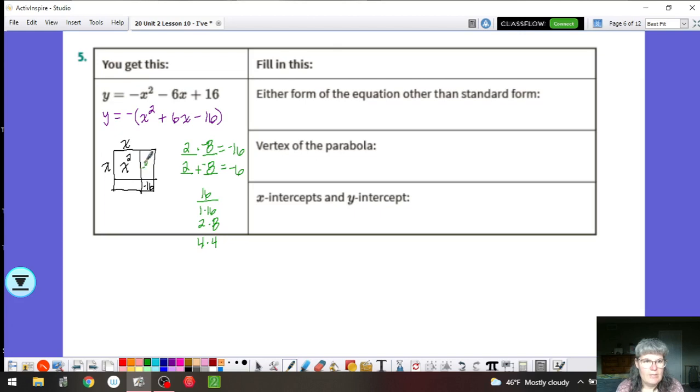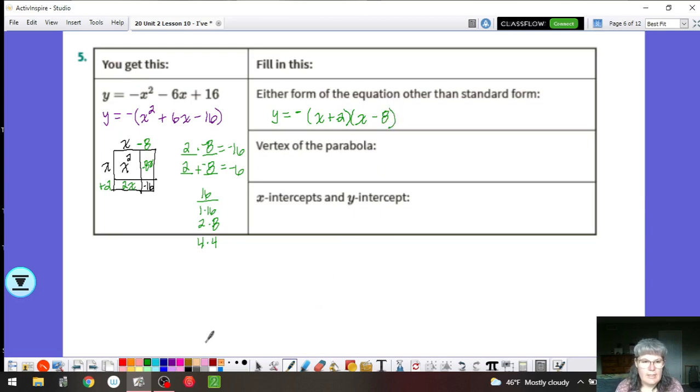So I know I have a negative 8x, and I know I have a positive 2x. When I multiply x to get negative 8x, I'm multiplying by negative 8. And when I multiply x to get a positive 2x, I'm multiplying by 2. So my factored form is going to be y equals, I still have the negative in front, x plus 2, x minus 8.